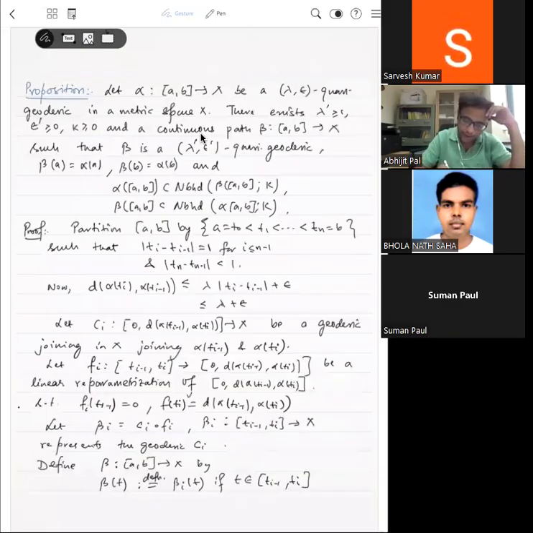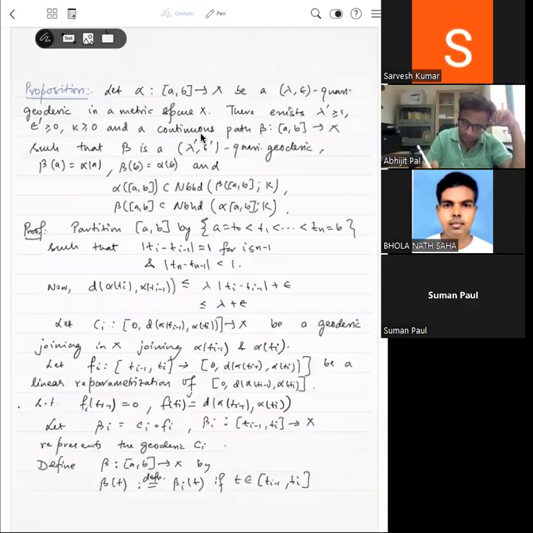If you take any lambda epsilon quasi-geodesic, it may not be continuous. This alpha may not be continuous, but in a bounded neighborhood of this alpha, you can find a quasi-geodesic which is continuous, and alpha and beta share the endpoints. So endpoints of alpha and beta are the same.